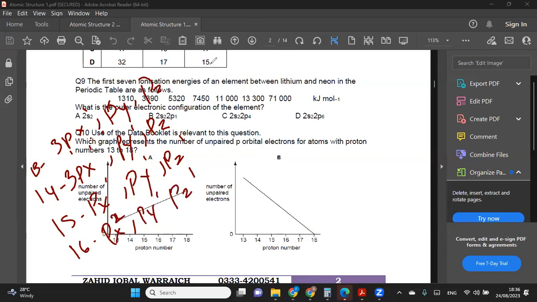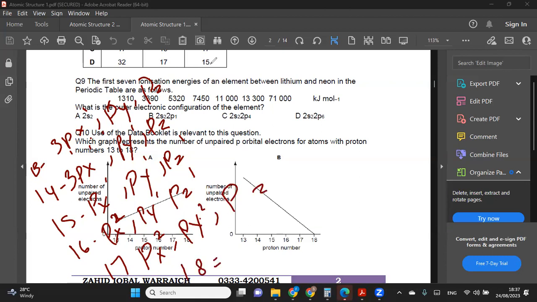And right now we were talking about 17, where we said we have to make 5 electrons in the p orbital. So from the 5 electrons, 2 will go to x, 2 will go to y, and then only 1 will go to z. And finally, we have 18 electrons.